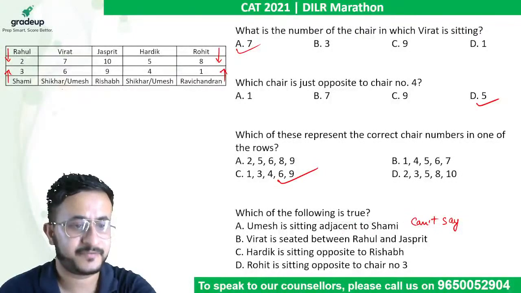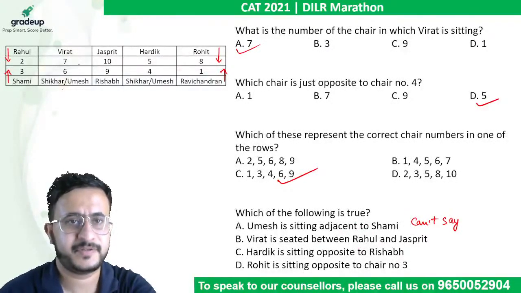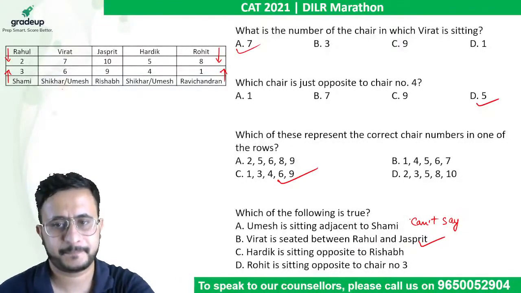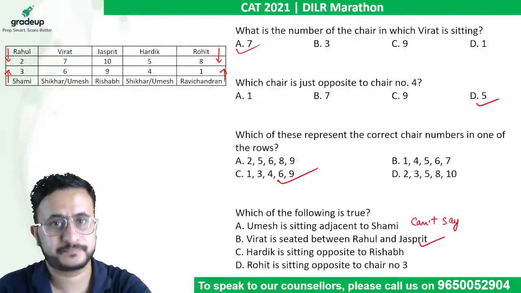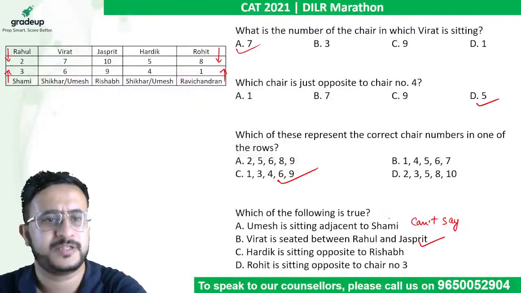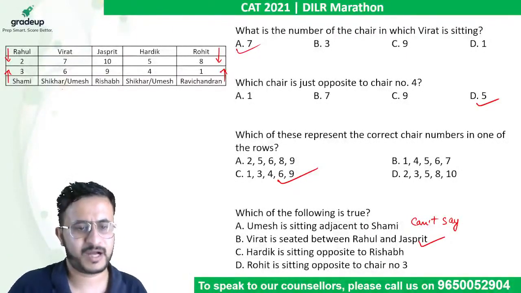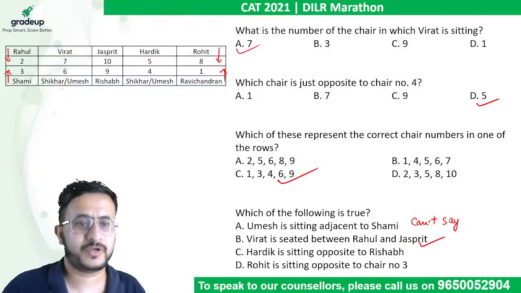And then we have Virat is seated between Rahul and Jaspreet, right? Virat is between Rahul and Jaspreet. That is true. So first is can't say. Okay. So never mark such an option, right? If it is asking whichever is true, so mark only those which are definitely true. Okay. All right.